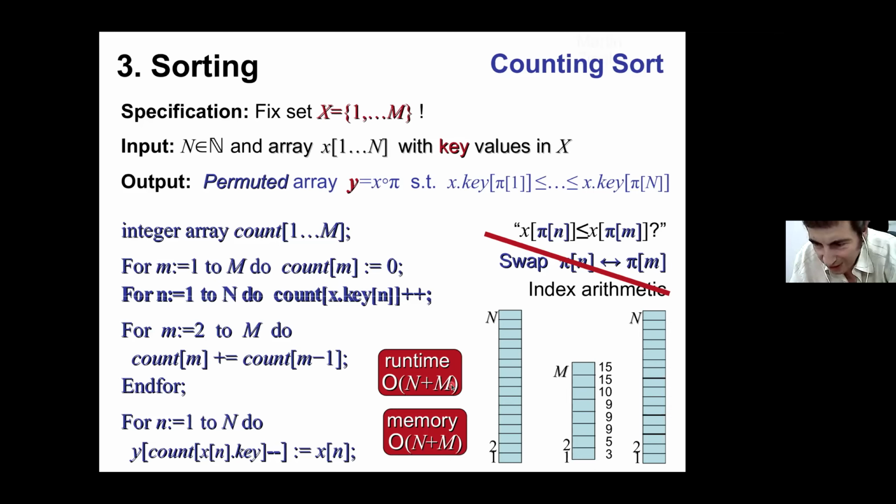You need the memory consumption for m, because you need to specify this array count, which will cost you m. But you also need this m in the running time, because, for example, you need to initialize it, and later you also do that. So this will contribute something with m.